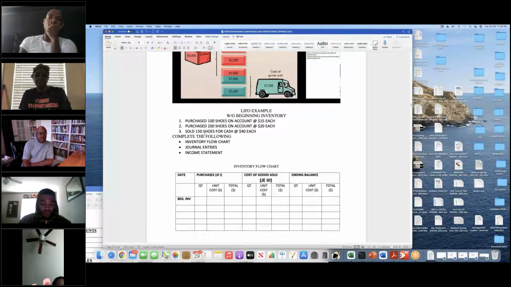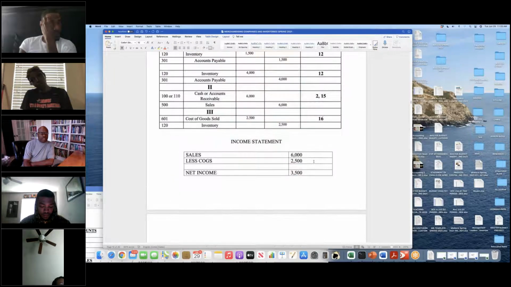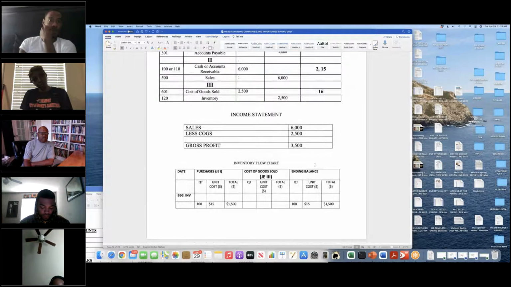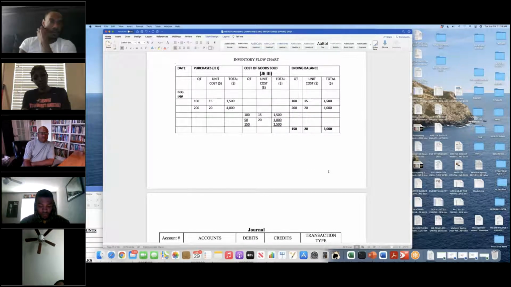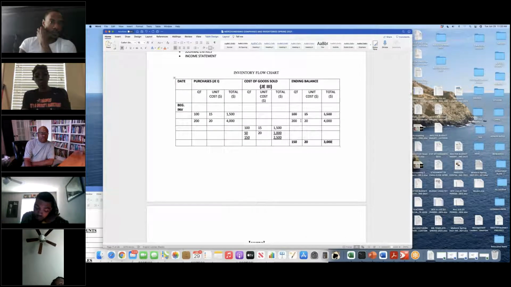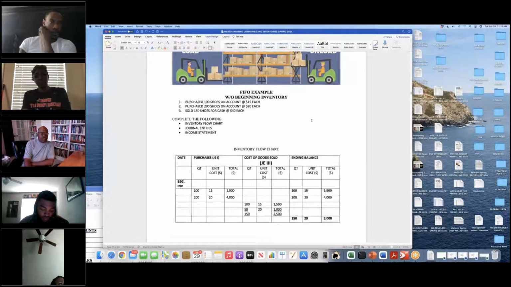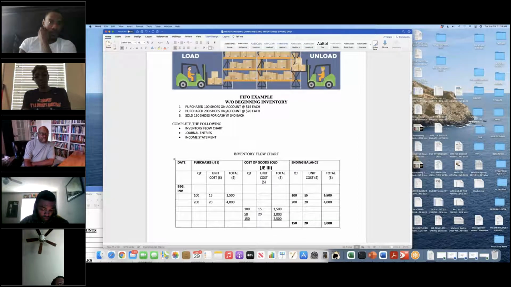Let's just put these on the inventory chart. So if you will remember when we were doing FIFO and we worked this out, there's 115 and 220, we moved those over.